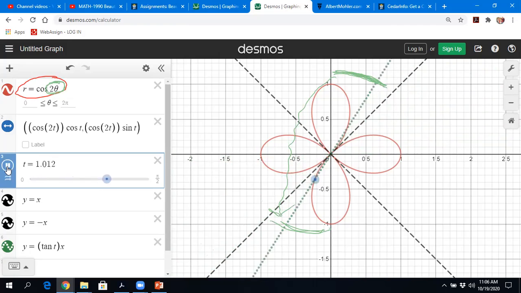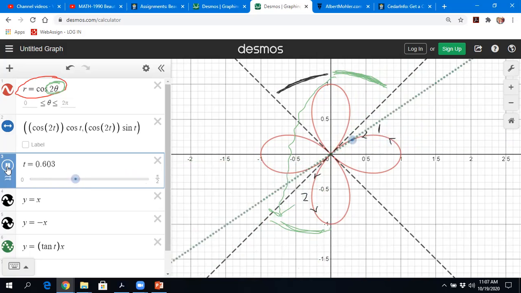I end up down there. You see that? So in other words, I visit this thing first, and then suddenly I come down here, and I'm moving in this general direction. Okay, that's interesting.